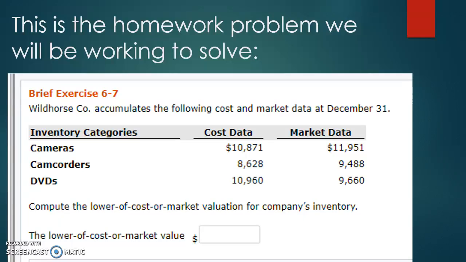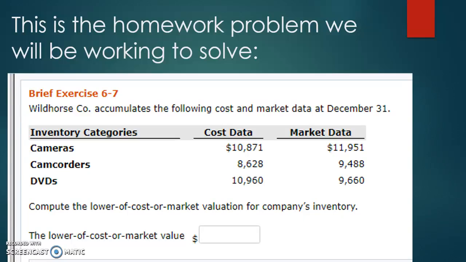What they wanted us to find is the summation of the lower of cost or market values. For example, for the camera inventory, the cost data was 10,871, and the market data was $11,951.